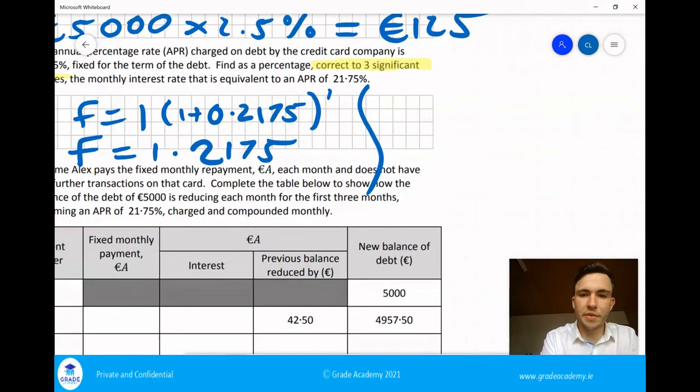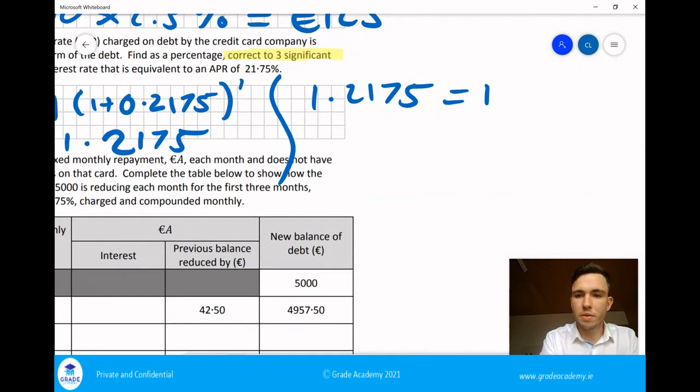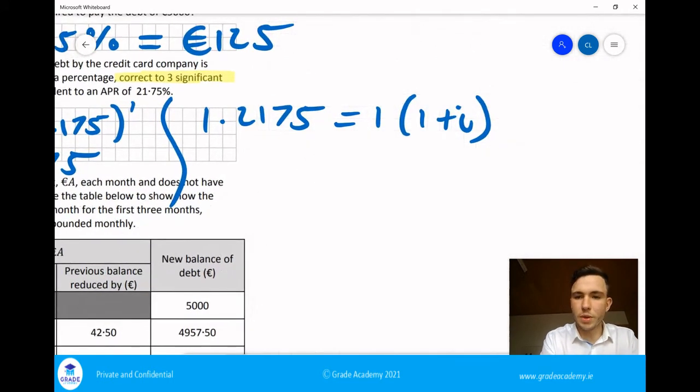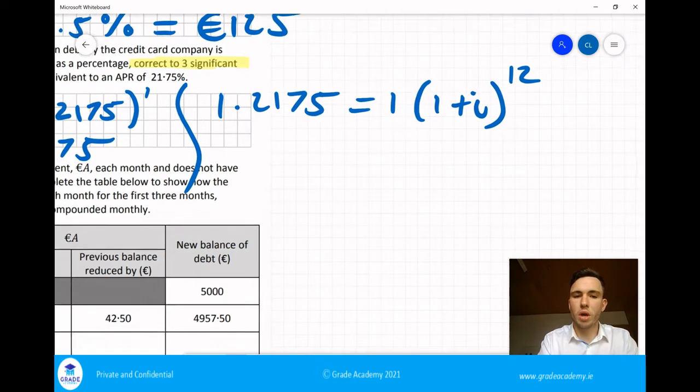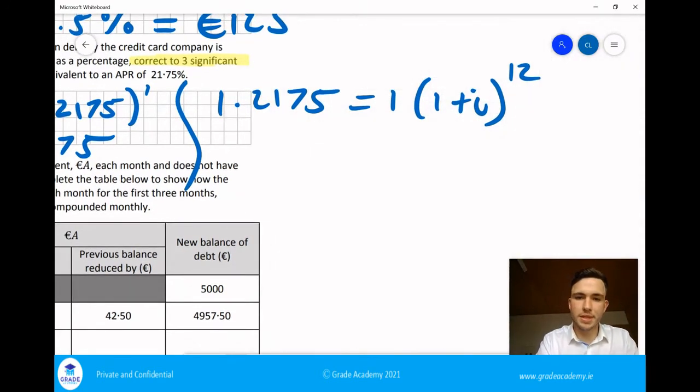Now we can use this to find out what our i is going to be, our interest rate. So 1.2175 is equal to, so we're investing €1 again, we don't know our i, and we need to make sure our i and our t are in the same time period. Our i is monthly, so we're going to put our year as 12 months.